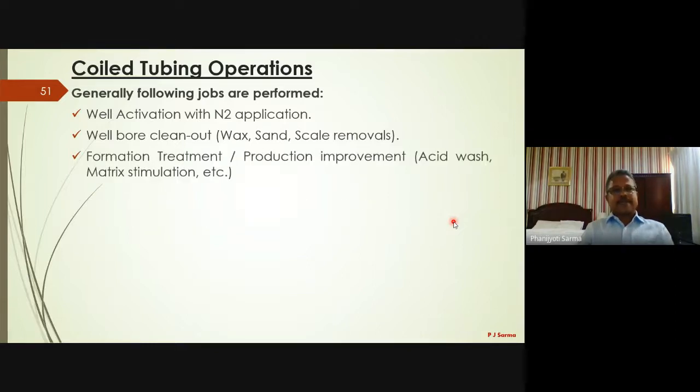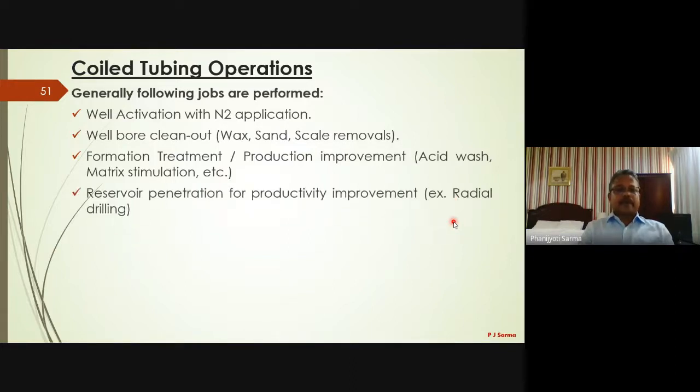Formation treatment, as I said, with pumping we have to do the bullheading treatment. But with coil tubing, you can just go and spot against the formation and carry out the formation treatment like acid wash or matrix stimulation or whatever it is. Then reservoir penetration for productivity improvement.